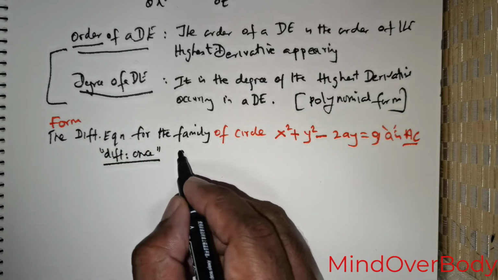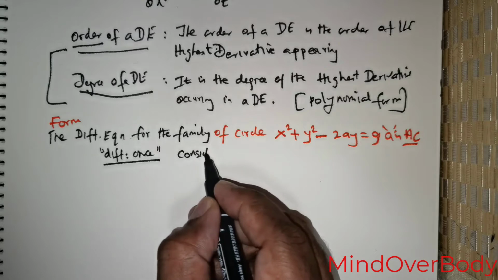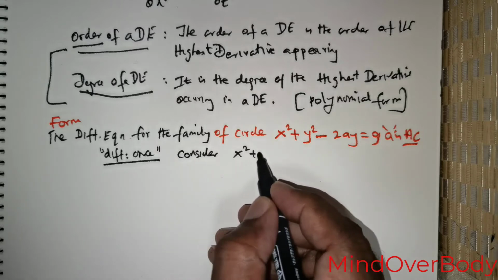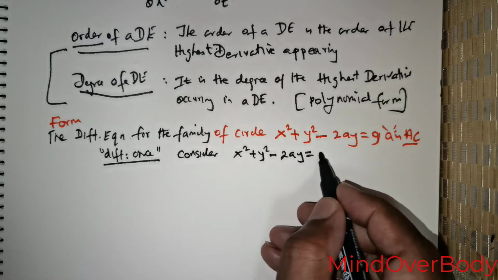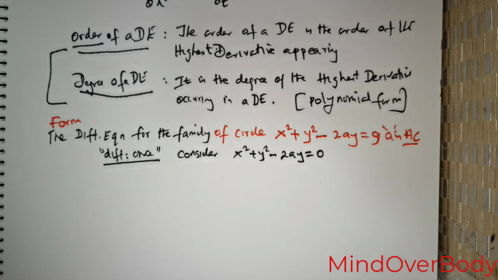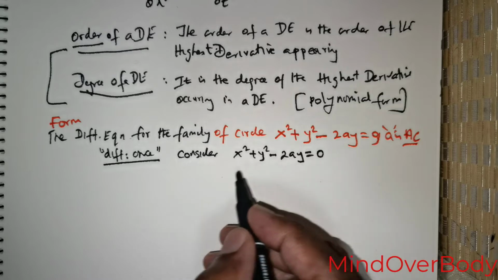So what I would do is, I will start off by saying consider x squared plus y squared minus 2ay is equal to 0. Next, I will differentiate the entire system.